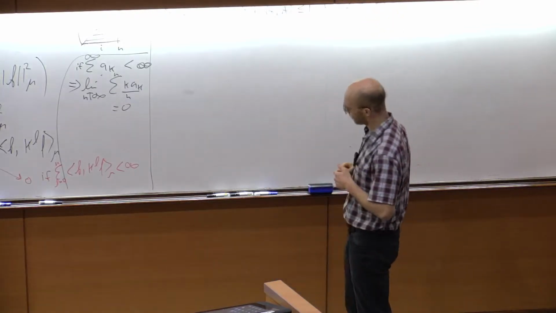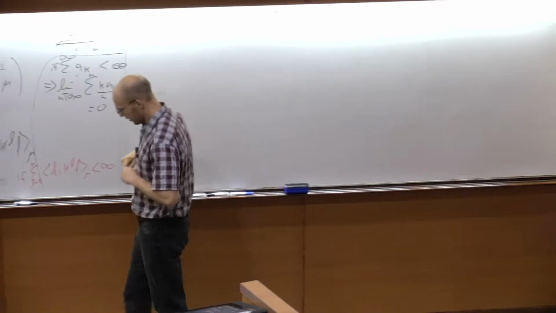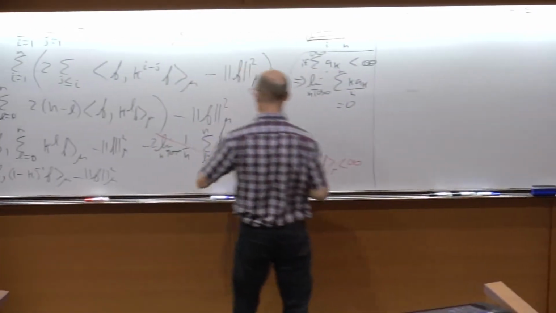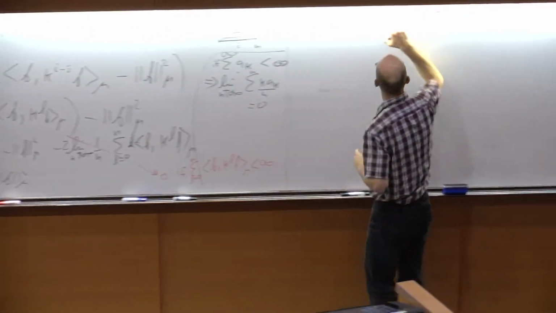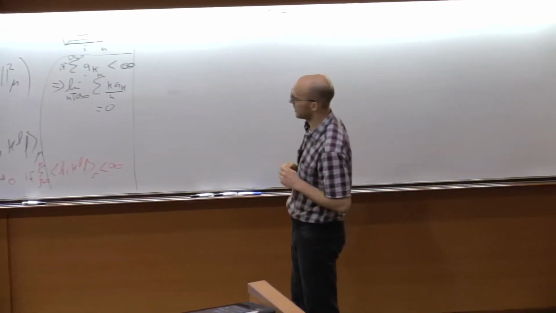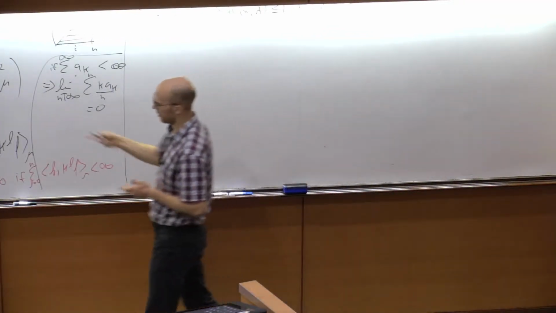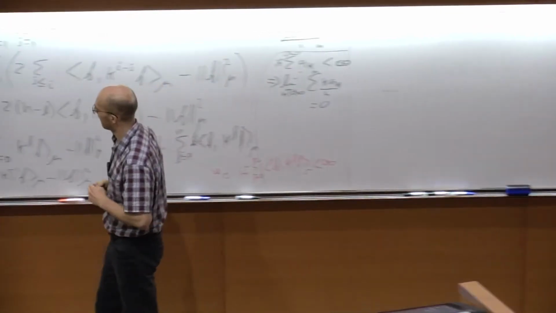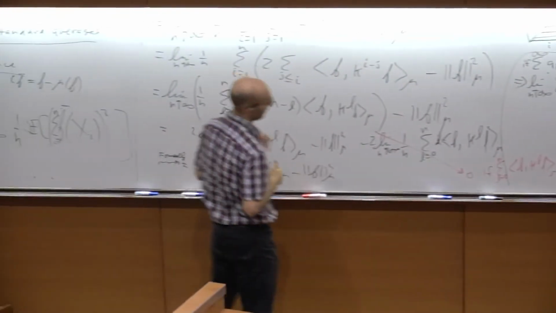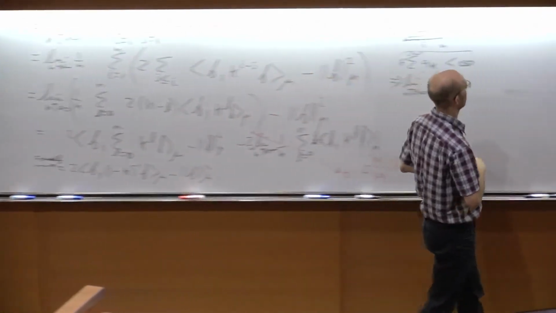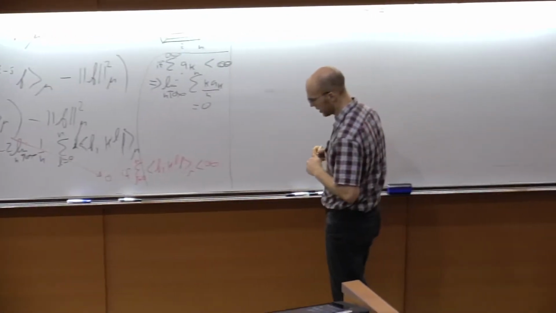But how can we relate something like this to asymptotic variance? Here we clearly have a Markov operator and there's no direct way, but there's actually an indirect way.